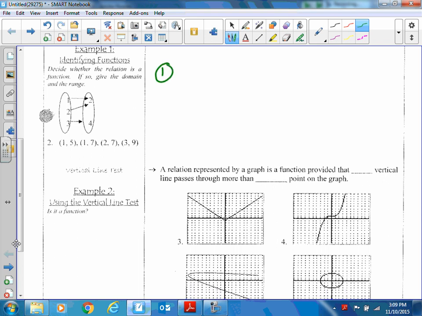So for number 1, we can look at our x's or our y's, our inputs and our outputs. Be familiar with that. So for our inputs, we have 1, 2, and 3. The x's do not repeat. So yes, this is a function. And the domain is going to be our input. So our domain is 1, 2, and 3.